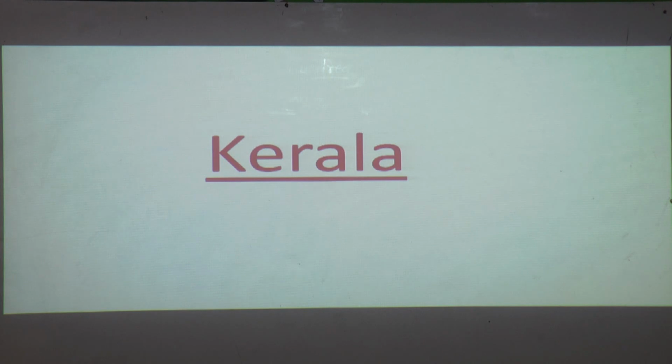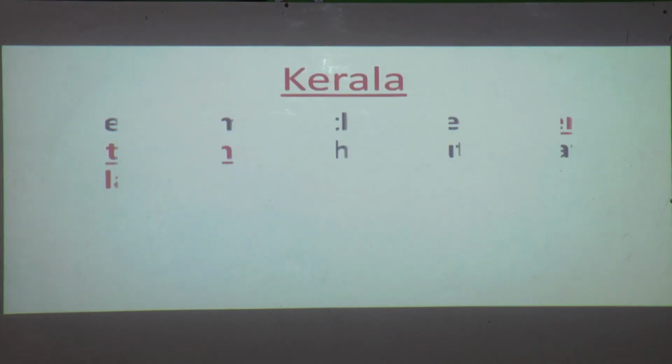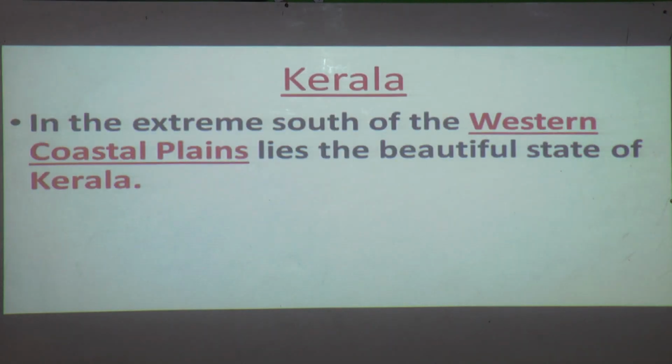Okay, now what is Kerala? In the extreme south of the western coastal plains lies the beautiful state of Kerala. So as we come from Maharashtra, Goa, Karnataka, we go to Kerala. South of the western coastal plain lies a beautiful state.